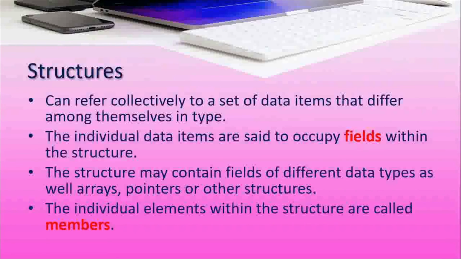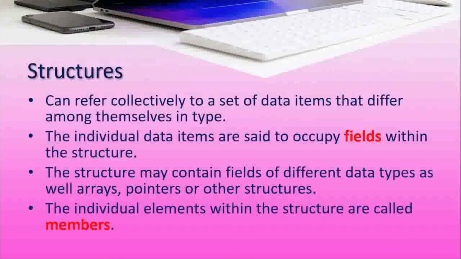The individual data items are said to occupy fields within the structure. So a field is the space occupied by the individual data items in a structure. So then the structure may contain fields of different data types as well as arrays, pointers or other structures also. That is, a field within a particular structure can be another structure.